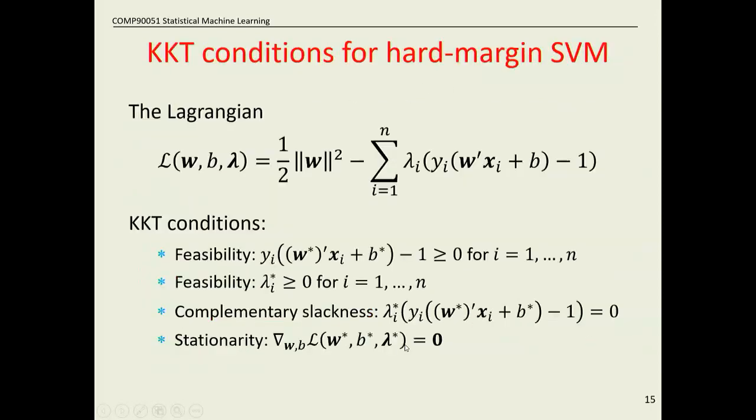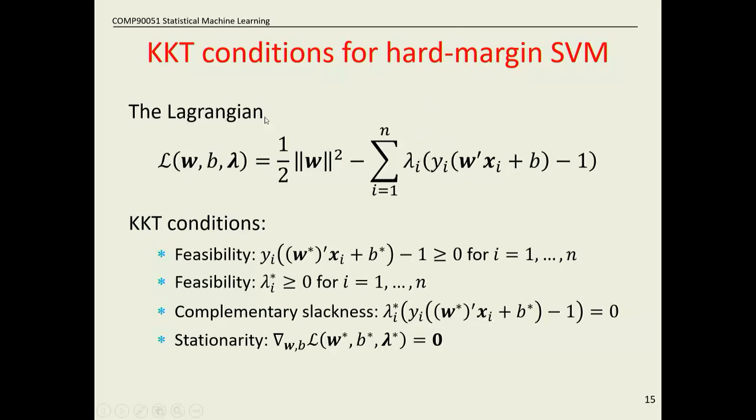Okay, so what can we do with this? Well, we can apply this to the hard margin SVM. In this part of the deck, I'm only applying these ideas to the hard margin SVM, but all of the same ideas hold for the soft margin SVM. It's just a bit more involved. Now, what does the Lagrangian look like?